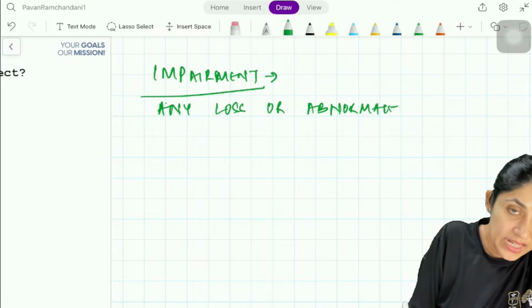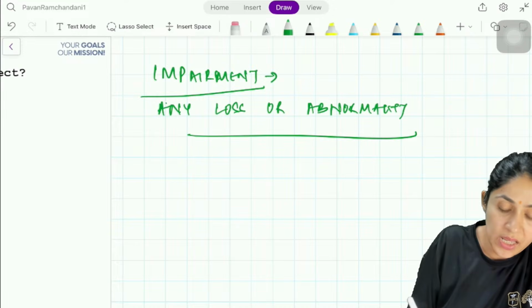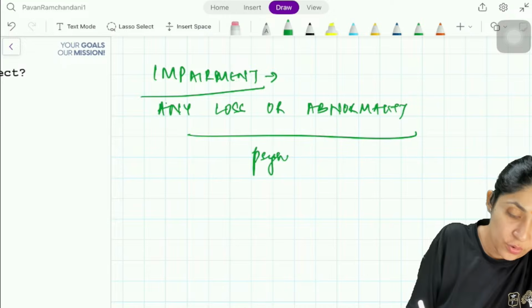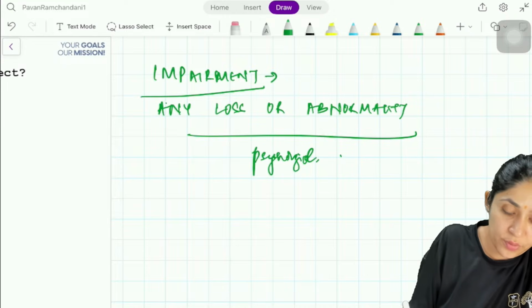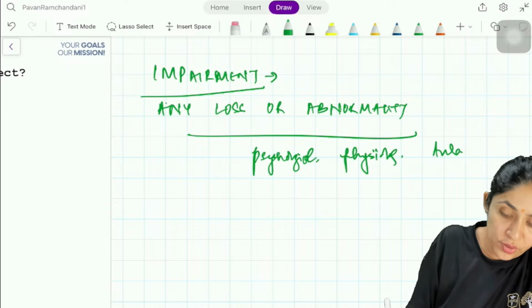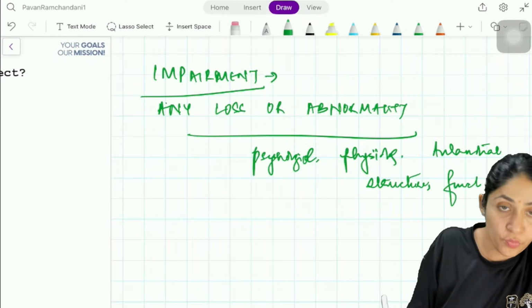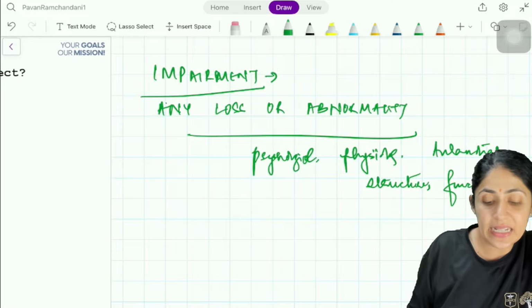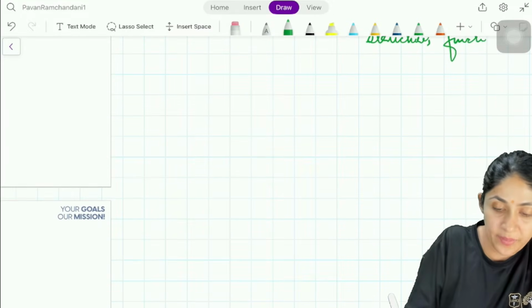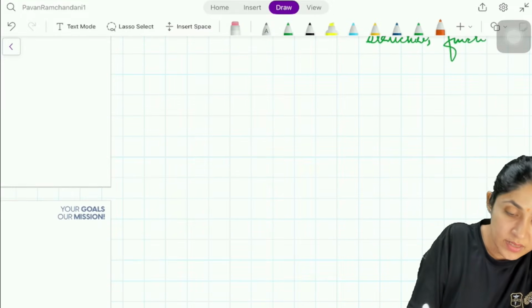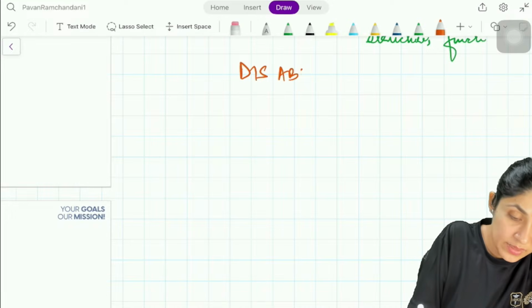You experienced any abnormality, which could be psychological, physiological, or a loss of an anatomical structure, or suppose some function is lost for a person. That is called impairment. Now what is disability?